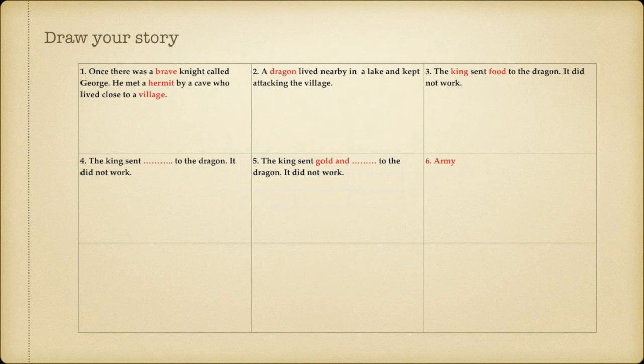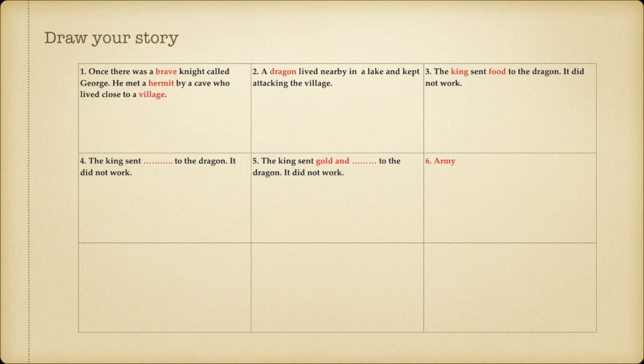In rectangle 4, the king sent, what did he send to the dragon? It did not work. After they sent food, what did they send next? So draw images to go with that sentence. Can you memorize that sentence?